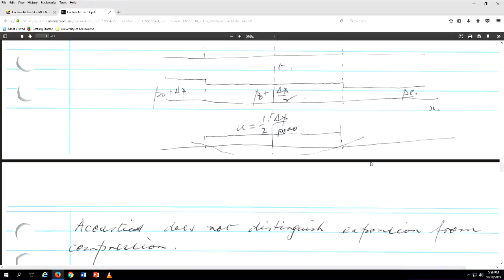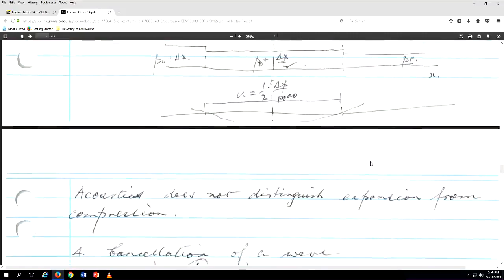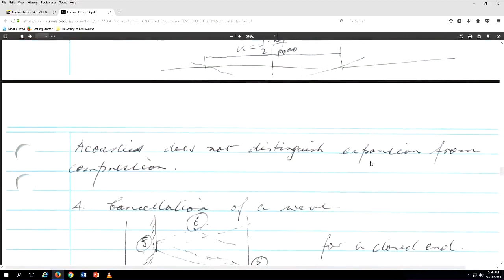Here, the velocity is not moving at all. Here, the velocity is not moving at all, but here it is everywhere moving to the right. So I made this little remark here: acoustics doesn't distinguish expansions from compressions. Real gas dynamics does, but acoustics does not.